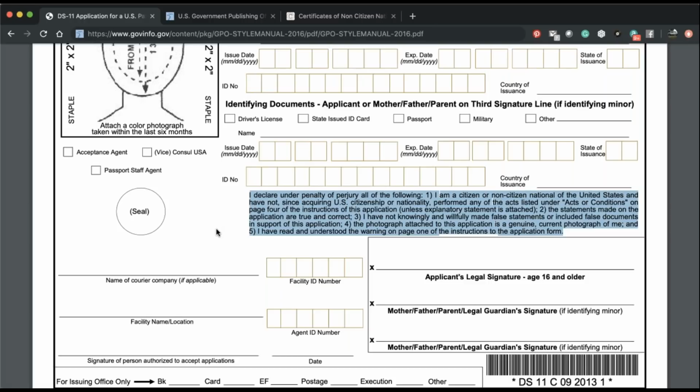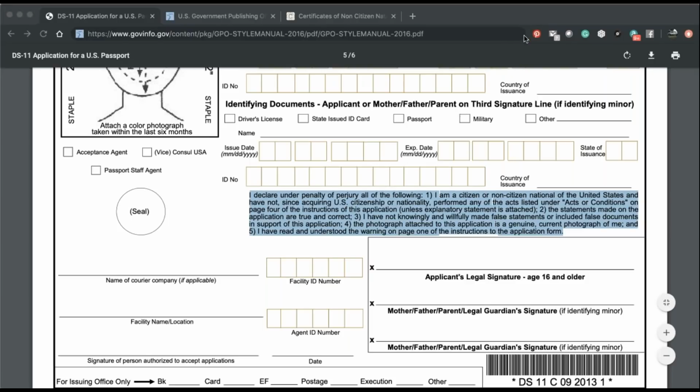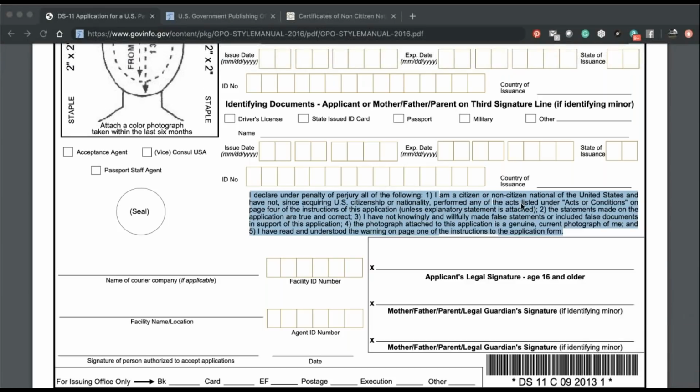Basically, they're telling you you are a citizen of the United States and have not, since acquiring U.S. citizenship or nationality, performed any of the acts listed under acts or conditions on page 4 of the instructions of this application, unless explanatory statements are attached.